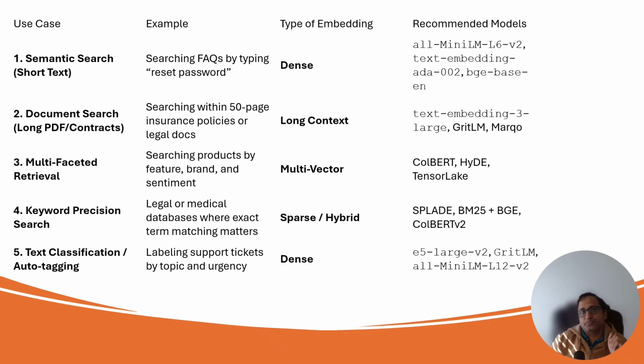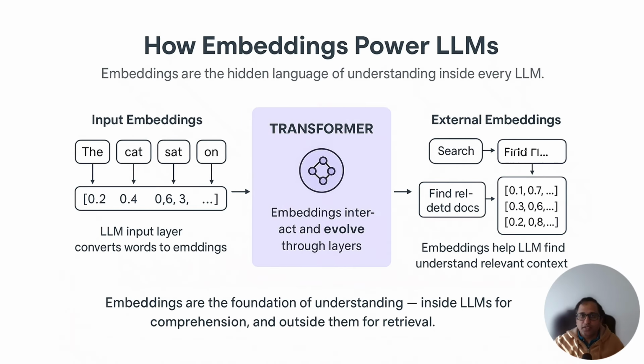Now that we understand what embeddings are and how meaning is represented, let's see how this connects to a typical LLM, or large language model. Inside every LLM, embeddings are the first step of understanding.